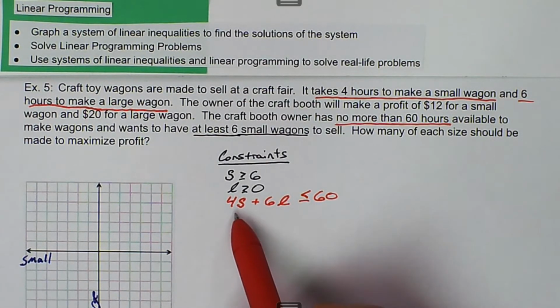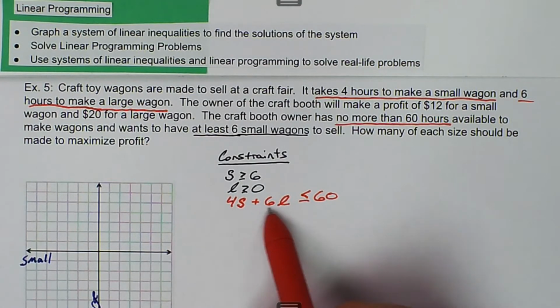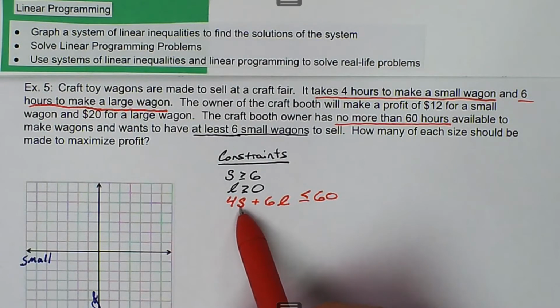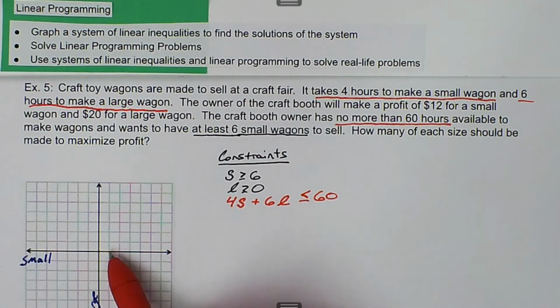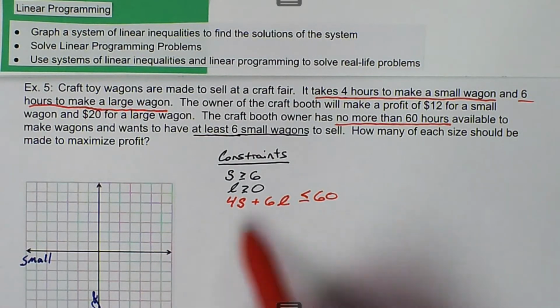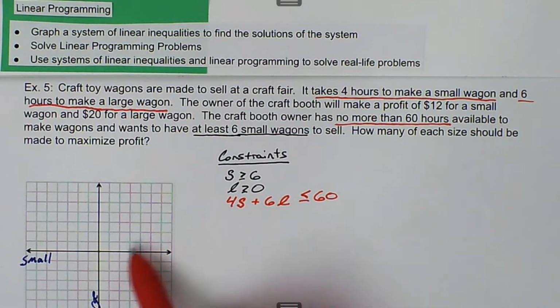The one we should check out probably is 4S plus 6L is less than or equal to 60. So if S was 0, L would have to be 10. So 2, 4, 6, 8, 10. So we'll at least have to count by 2's. But if L was 0, then S would have to be 15.